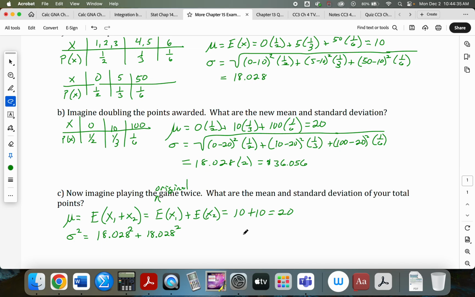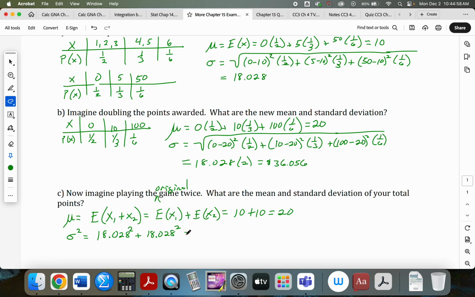When you do it twice, it's like you're doing Pythagorean theorem. A squared plus B squared gives you C squared. If you did it 3 times, you would square them all. It'd be 18.028 squared 3 times, et cetera.